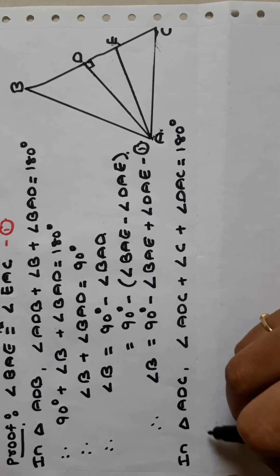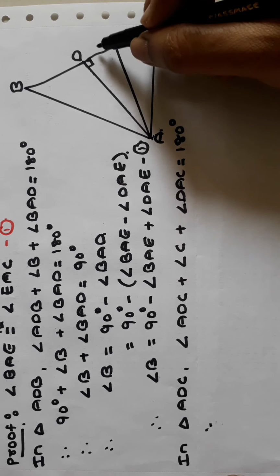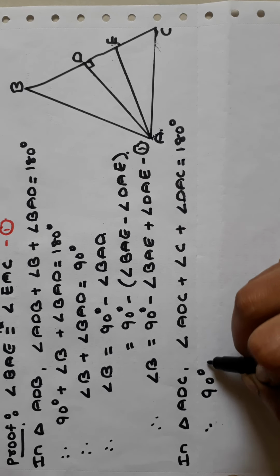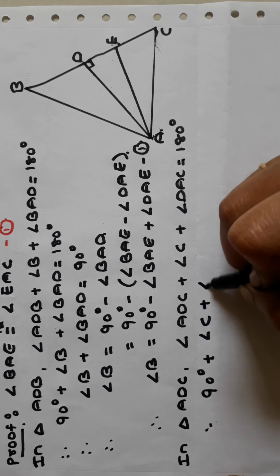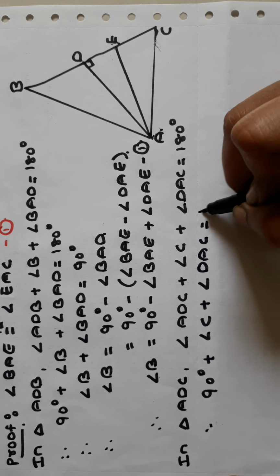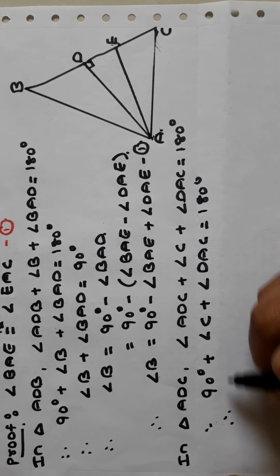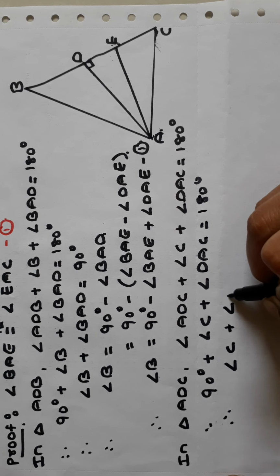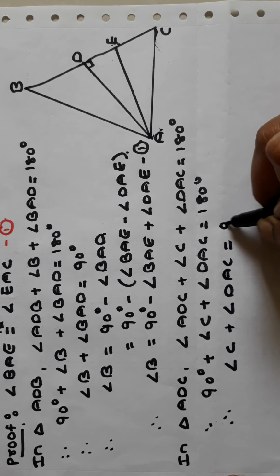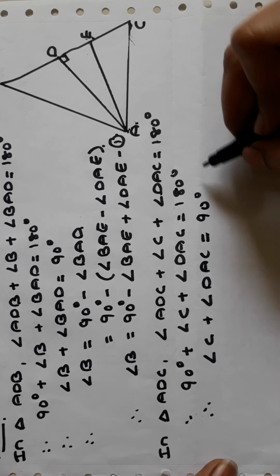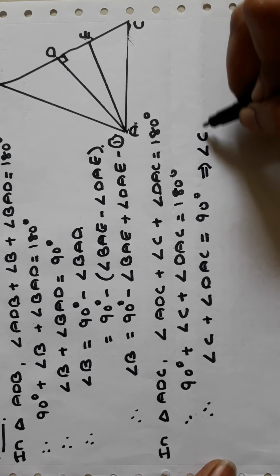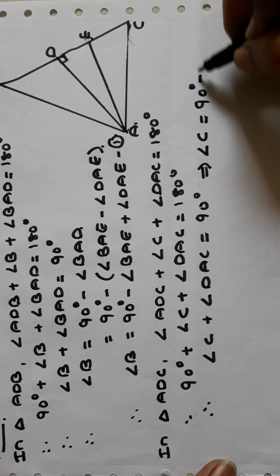The same reason, but angle ADC is 90. Take 90 to the other side. Angle C plus angle DAC is 90 degrees. So this means angle C is 90 degrees minus angle DAC.